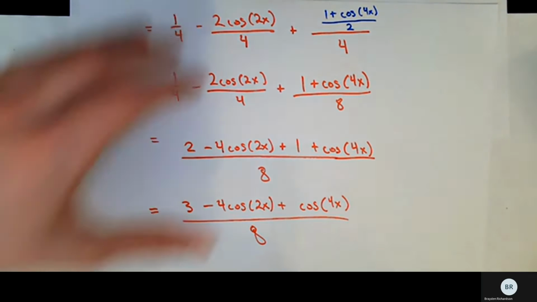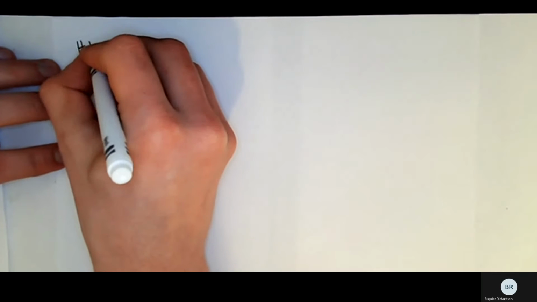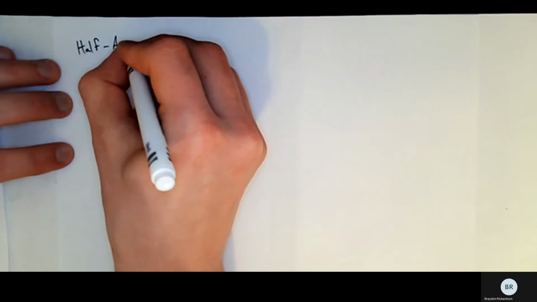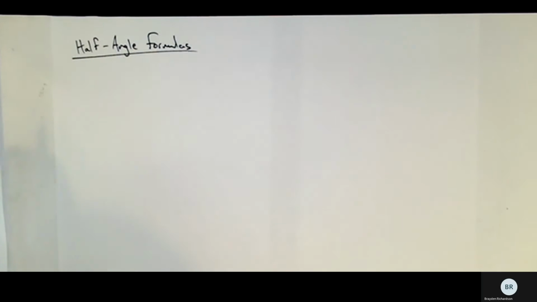Some trickier examples. I think the examples in the homework are not nearly that tricky. Maybe one or two. All right, half angle formulas.